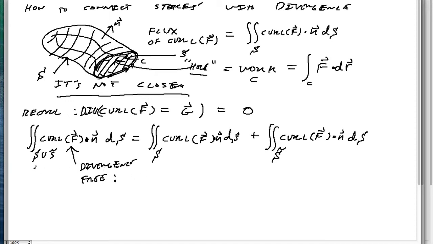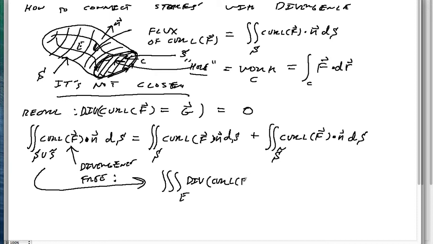So that means that, and this of course is a closed surface here, so we know that that's equal to the volume integral over the region enclosed by the surface S and S tilde. And of course this was equal to 0, so that's equal to 0. All right, so both of these then are equal to 0, right?